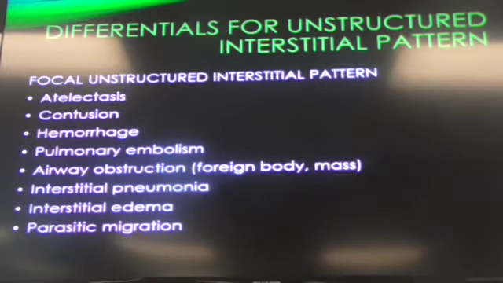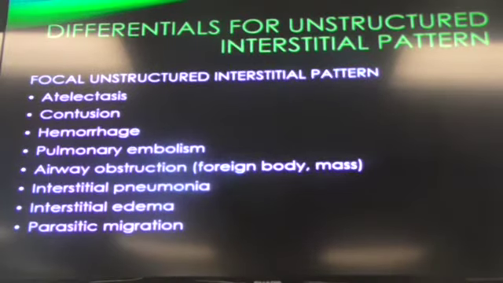Contusion may be from trauma, hemorrhage may be rodenticide toxicity. Pulmonary embolism can cause that too. Airway obstruction, for example, a foreign body or a mass. Interstitial pneumonia, which would be more bacterial or viral. Interstitial edema, which would be your cardiac disease. Parasitic migration can also cause an interstitial pattern.